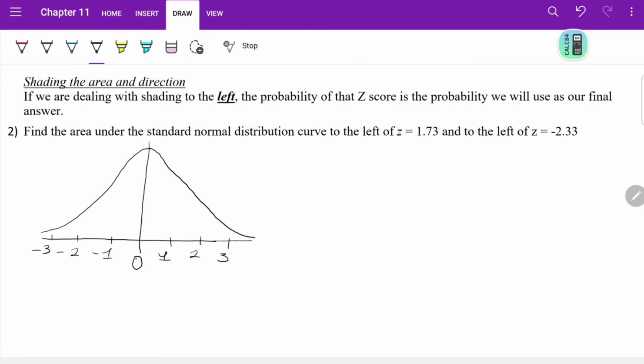To the left of 1.73. 1.7 is between 1 and 2, closer to 2. So we'll put it right here. And it says we're shading to the left. Now, let's find the probability that z equals 1.73 on our standard normal distribution curve.